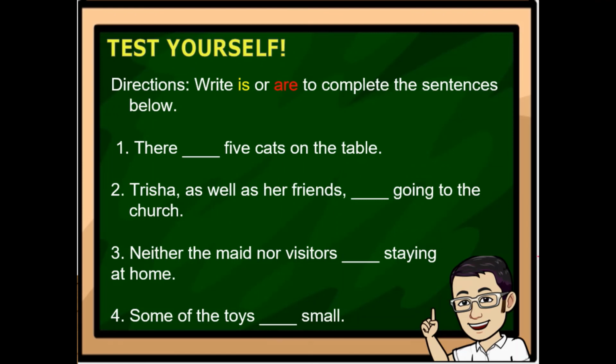There blank 5 cats on the table. Number 2. Tricia, as well as her friends, blank going to the church. Number 3. Neither the maid nor visitors blank staying at home. Number 4. Some of the toys blank small.